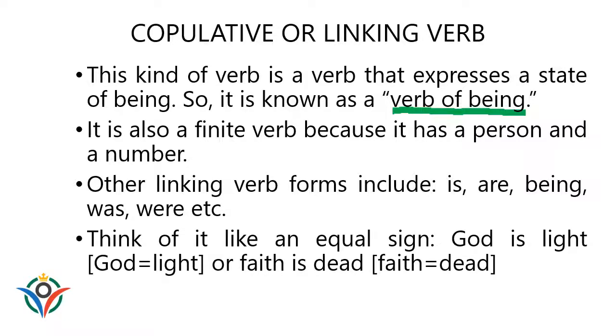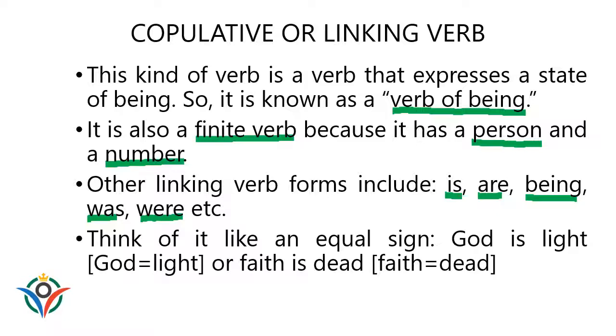So here are some characteristics of this linking verb. It is a finite verb, and remember, a finite verb has a person and a number, so it can be conjugated. And other linking verb forms include is, are, being, was, were, etc. So all of these are different forms of the linking verb.